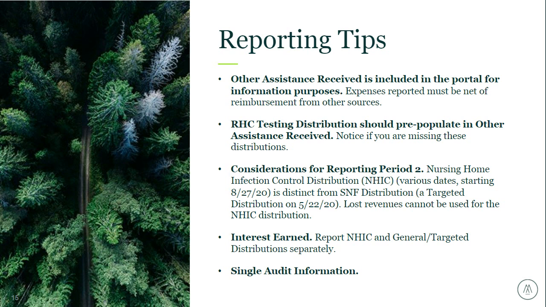I'd like to highlight, because this can be a point of confusion, that it is different from the SNF distribution that you would have gotten on May 22nd. That SNF distribution is a targeted distribution, and it should be part of the period 1 reporting we're doing right now.